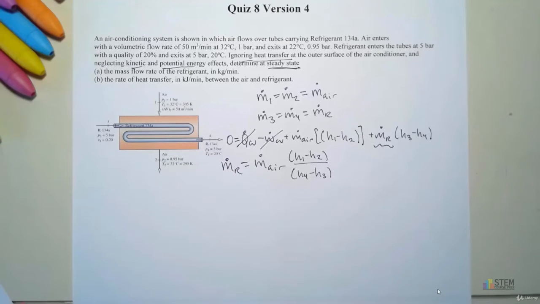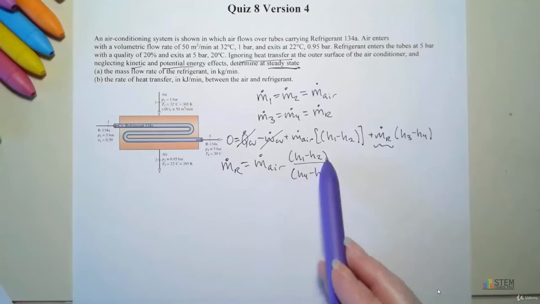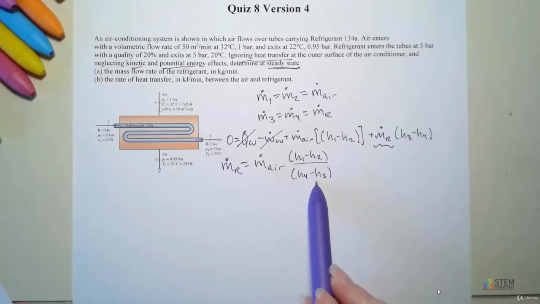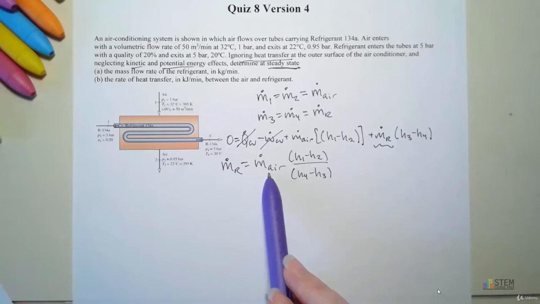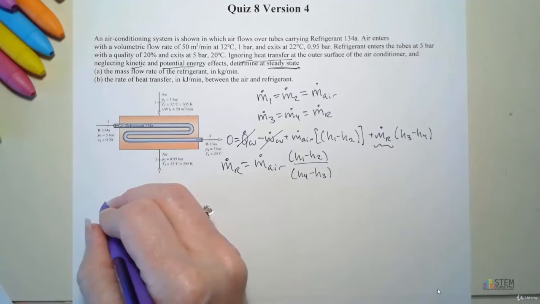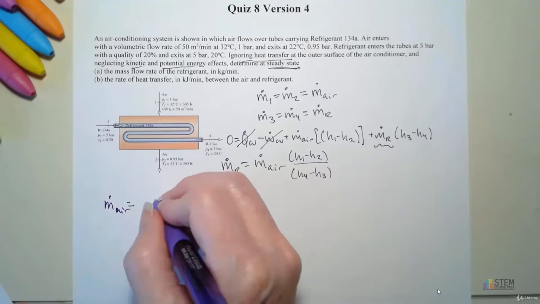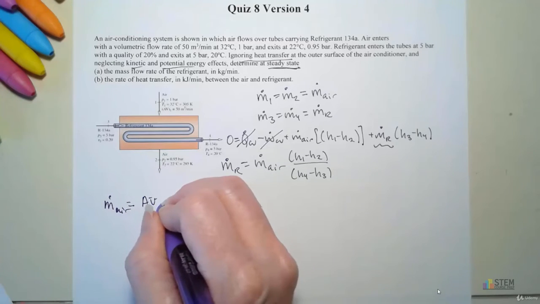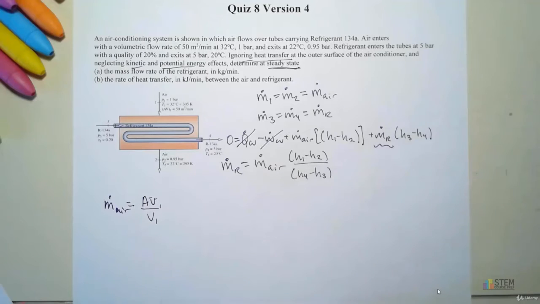Then what we need to do next, we still can't solve for anything. These things could be found in the table, but we need to find m air dot. So let's look at that. So m air dot is going to be AV over v.